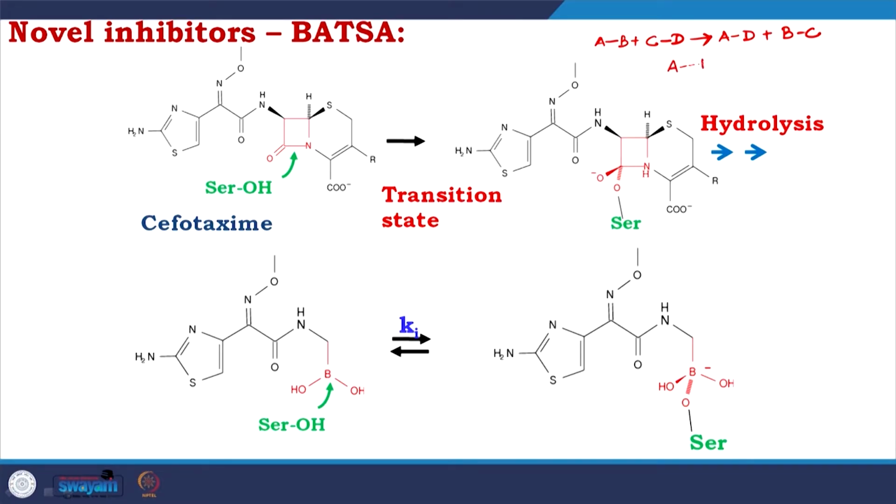First, this bond has to be broken, then this bond has to be broken, then this bond has to be formed and this bond has to be formed. So, this is partial bond breaking of AB, partial bond breaking of DC, partial bond forming of AD, partial bond forming of BC.